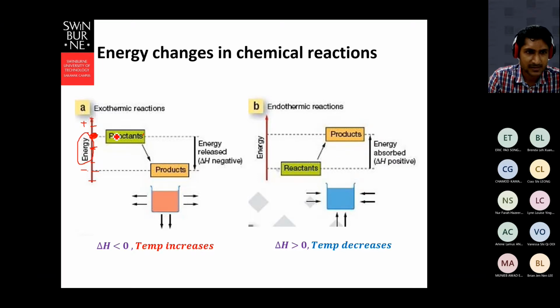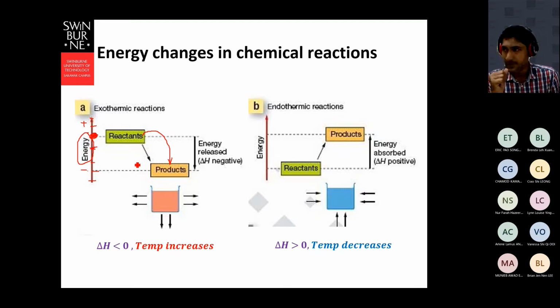So when the product is formed from the reactant, the energy goes to the negative side, because the energy is lower for the product than the reactant. How does the energy reduce?